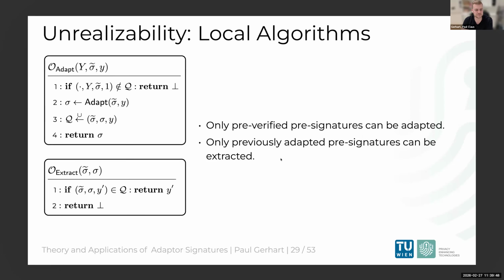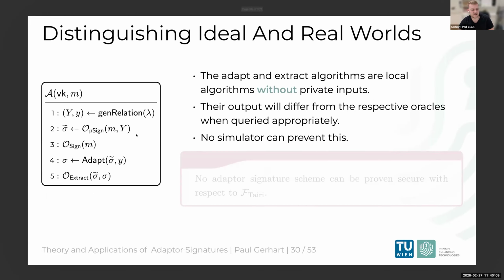And the last point we found is that it cannot be realized because of local algorithms, which basically means if you have a pre-signature that is pre-verified, it can be adapted. If it's not pre-verified, it cannot be adapted, as you see here, right? This check here ensures it's adapted. However, if you look at this in the real world, the adversary can simply adapt locally and afterwards ask the extract oracle.